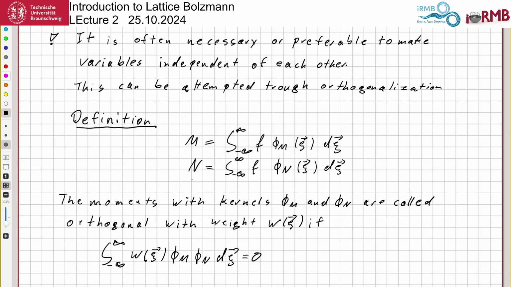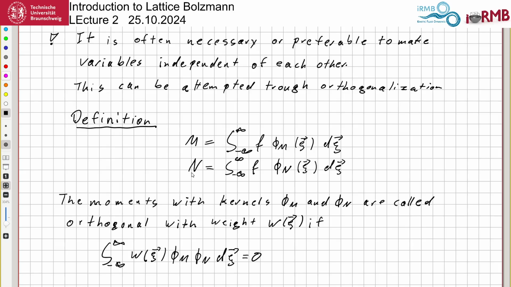If this is the case, then there is orthogonality with weight W. And this is very important, because this kind of orthogonality only holds together with this weight. If you change the weight, the orthogonality condition is different. So it's very important to know what this weight is. You can set the weight to 1, but then in practice you are doing something wrong.